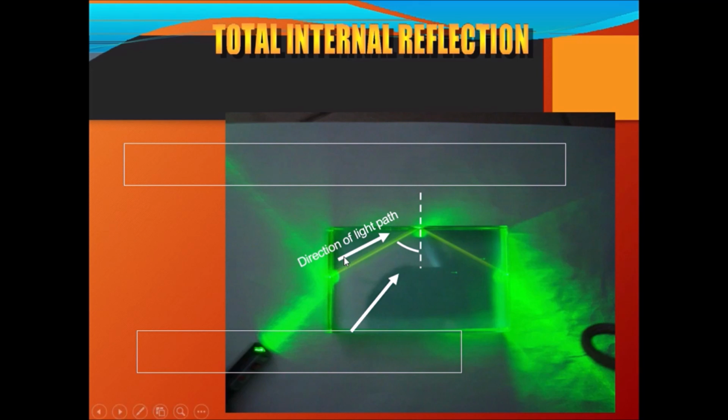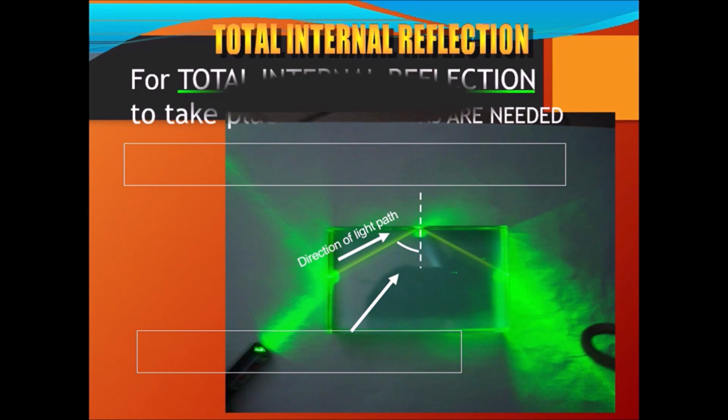Number one, here the first one I'm talking about. Can you see where the ray of light is going? It is going from the denser medium and it is trying to go out. So the first condition is the ray of light should be coming from the denser medium.